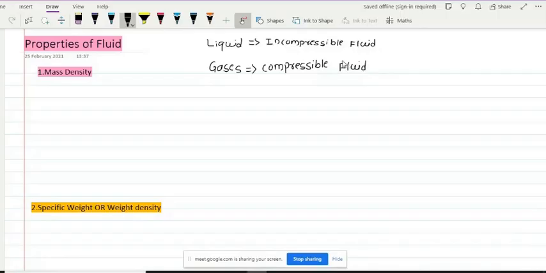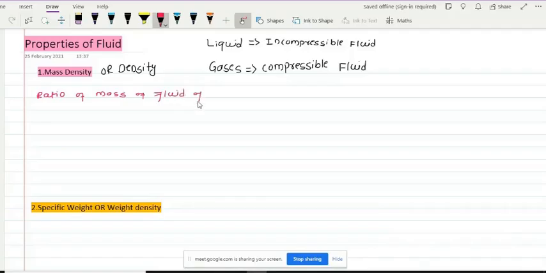Okay. What is the difference between the incompressible fluid and compressible fluid? First we discuss what is the mass density. Mass density, or simply density of the fluid, is the ratio of mass of fluid to its volume.